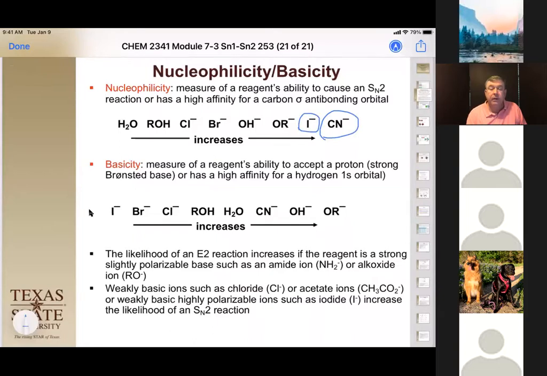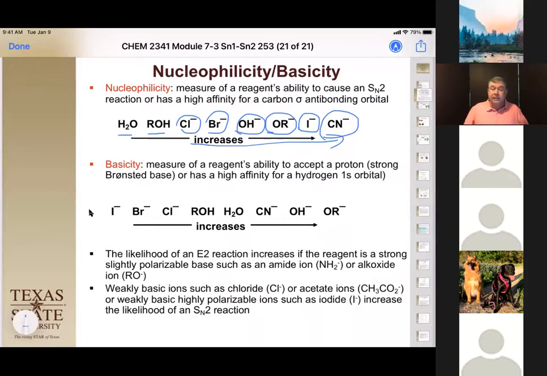Things can be strong bases or weak bases, but notice all of the strong nucleophiles have negative charges. And then water and alcohols are kind of low. So that's just nucleophilic strength. That's the desire to form a new bond with carbon.